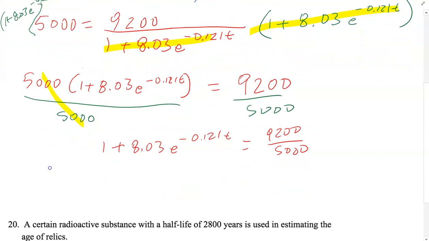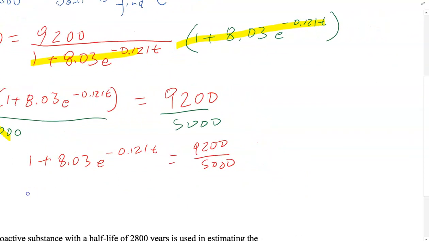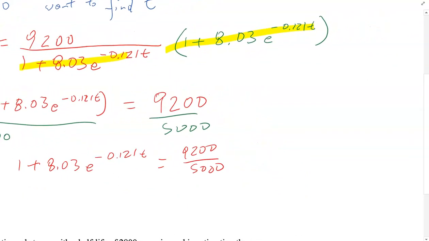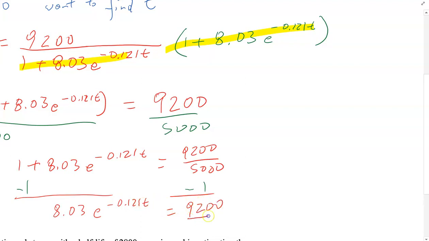Next, we want to subtract 1 from both sides, to undo this 1: minus 1, minus 1. So what we have left will be 8.03 e to the negative 0.121 t equals 9,200 over 5,000 minus 1.